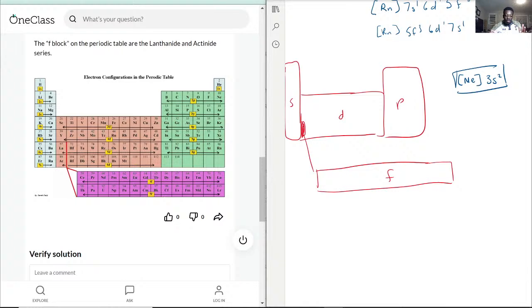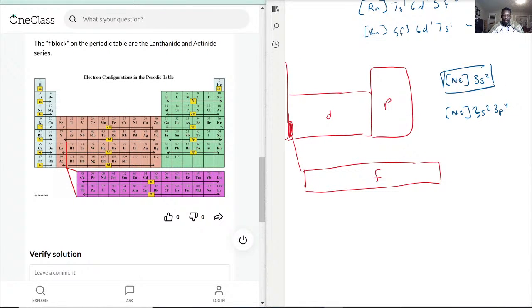And if you want to pick, for example, sulfur, still neon, and then we go 3s2 because it's in the third row, and then you count 1, 2, 3, 4, and there'll be 3p4. So sorry about that, because I want to make sure this concept is thoroughly understood and we don't want any confusion. So they are correct.